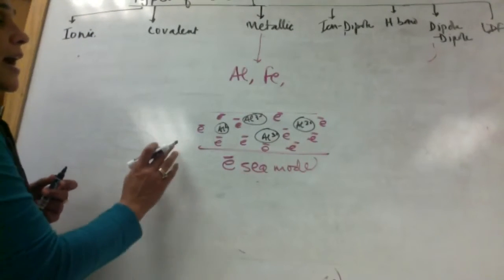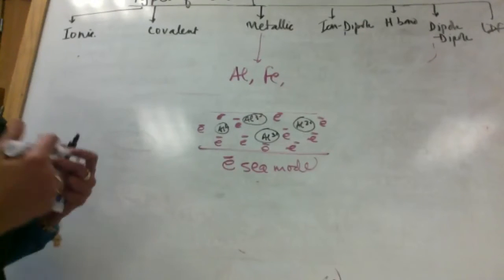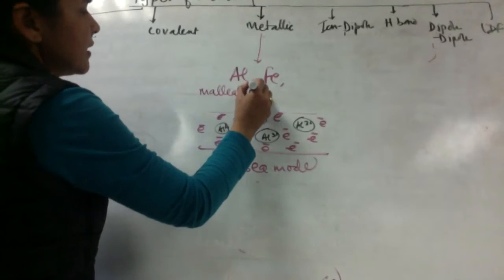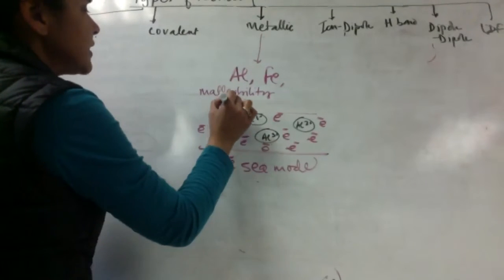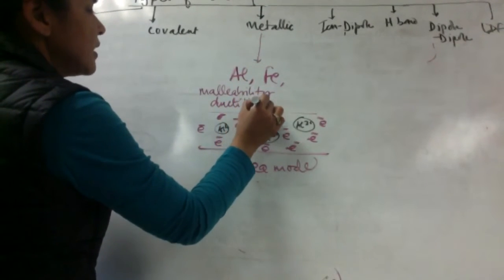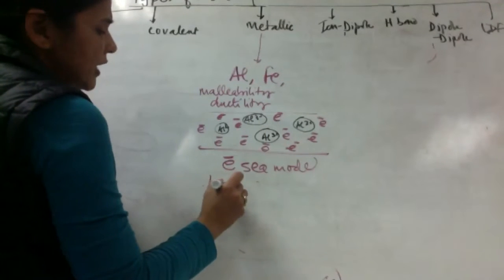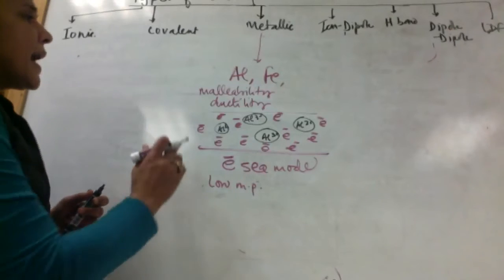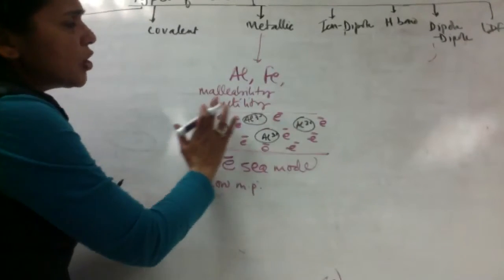of time. And this special model gives metals special properties of malleability, ductility, and metals generally have low melting points. You know, they melt fast. And malleable because of these delocalized electrons.